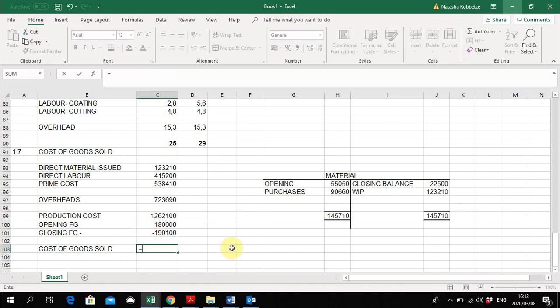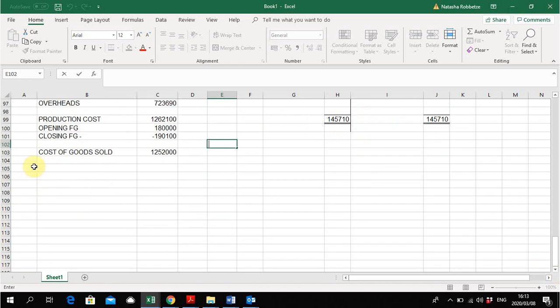My cost of goods sold will then be the sum of the production cost plus opening stock minus closing stock. And it is therefore 1,252,000 cost of sales.